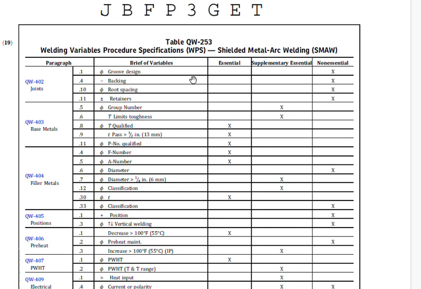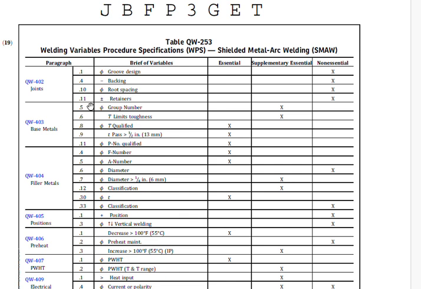Firstly we have to know what the essential, supplementary essential and non-essential variables are. Essential variables are those where, whenever any property is changed in any welding process, the mechanical property will change. Those variables come under the essential variables.